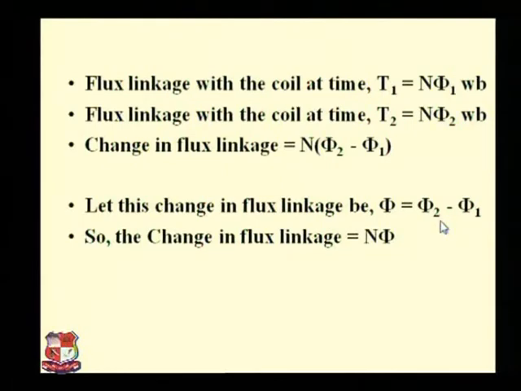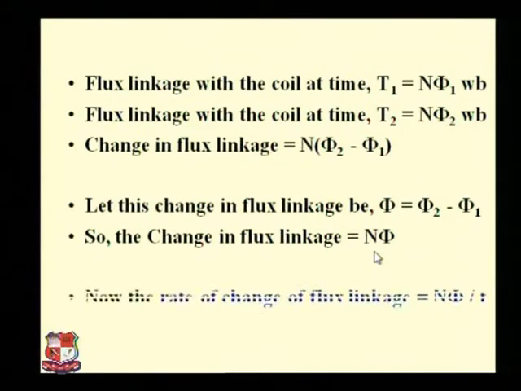Then the change in flux linkage is equal to N phi. So the rate of change of flux linkage is given by N phi upon t, because it is a rate of change, so it is divided by time.